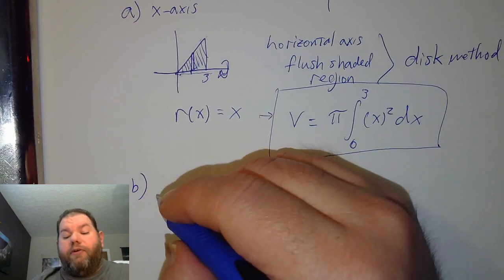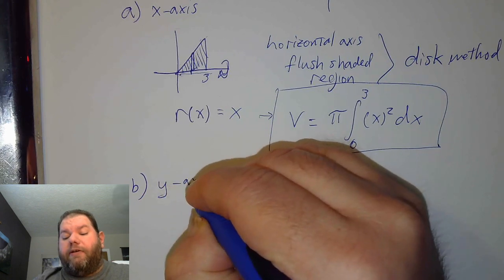Now on B, they want us to revolve around the y-axis instead.